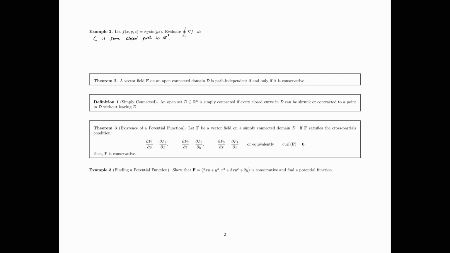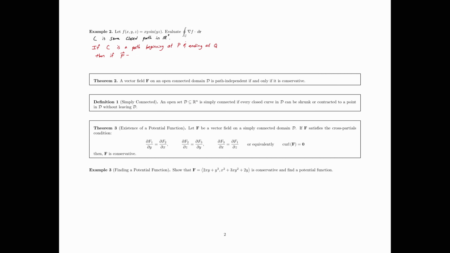So the fundamental theorem of conservative vector fields says, as a recap here, if C is a path beginning at some point, let's say P, and ending at some point Q, then if F is conservative.